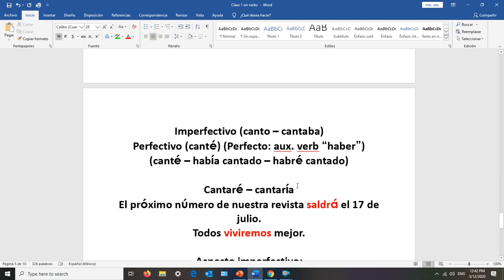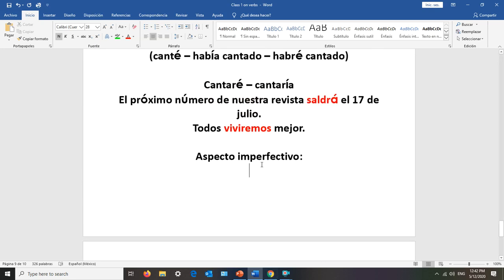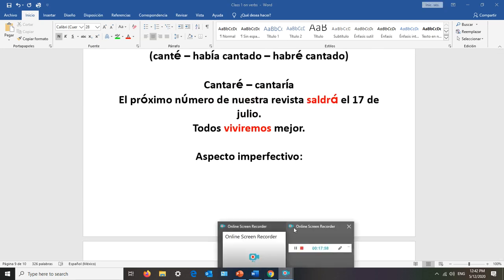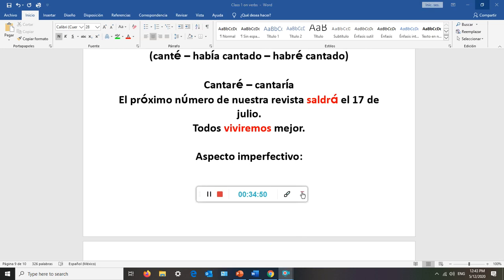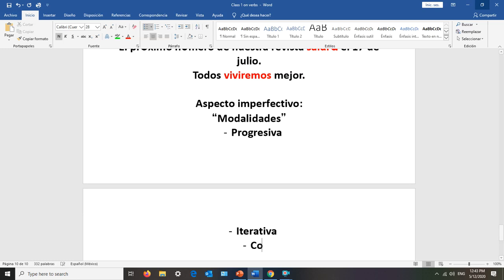In Spanish, when dealing with aspecto imperfectivo, we can speak of, and let me pause it here, three modalidades. One is progresiva. The other one is iterativa. And the third one is continua.